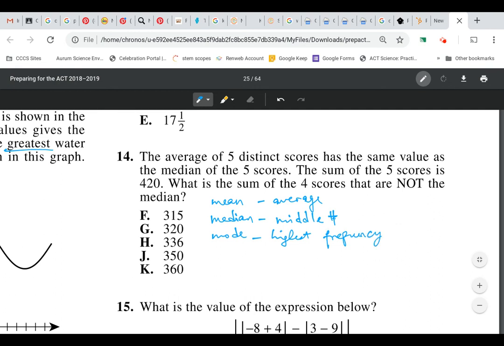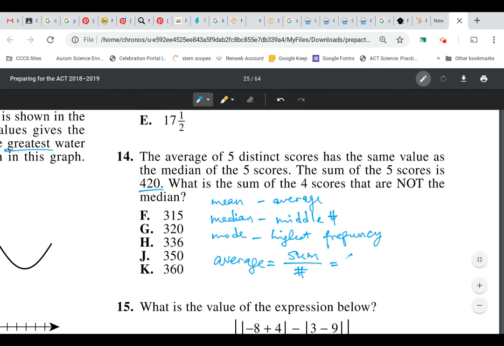Okay, so the average is equal to the sum over the total number. Here, we're given that the sum of the 5 scores is 420.